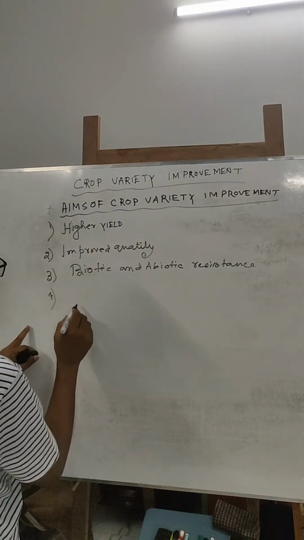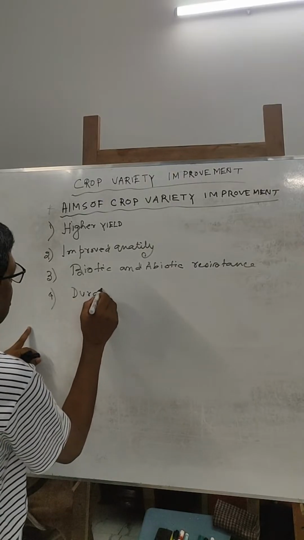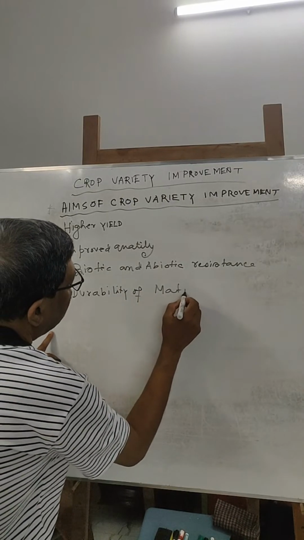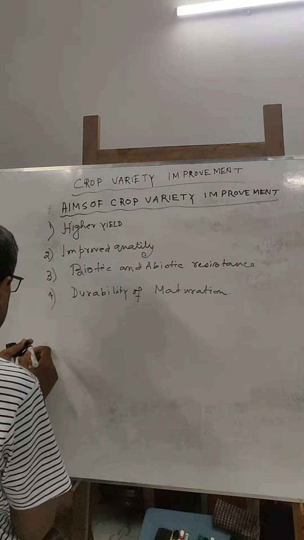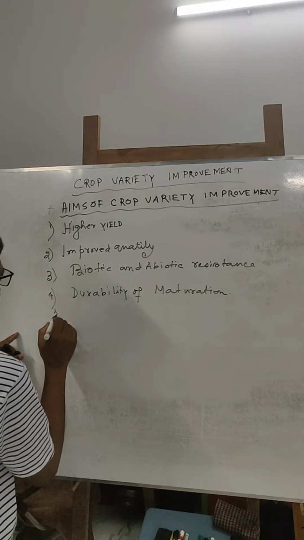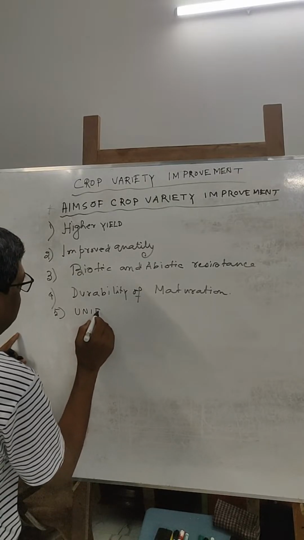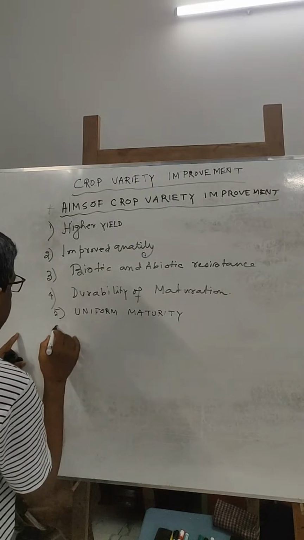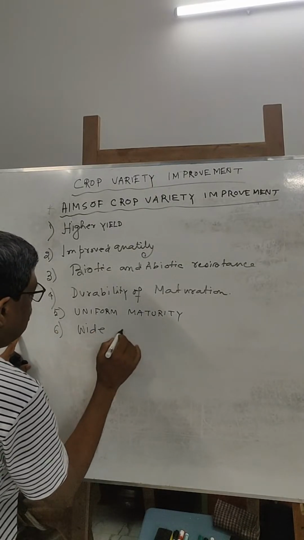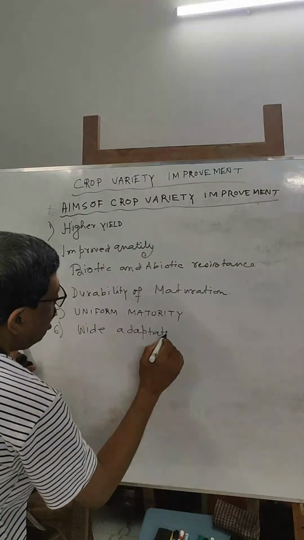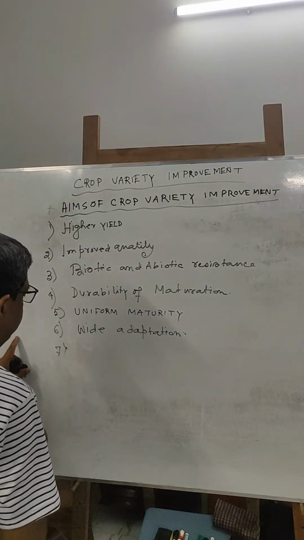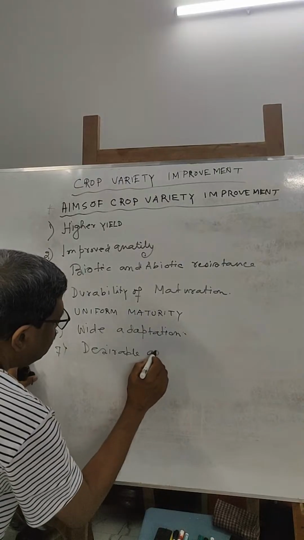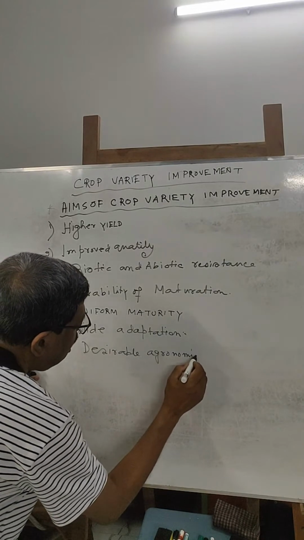Number four, durability of maturation. Number five, uniform maturity. Number six, wide adaptation. Number seven, desirable agronomic characters.